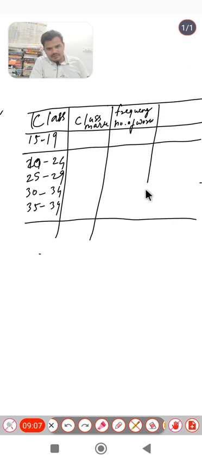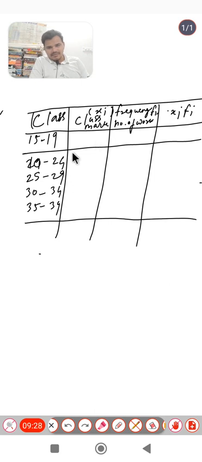The class mark is denoted by xi and the frequency is denoted by fi. Here we need xi fi.